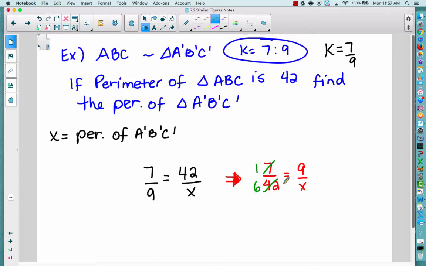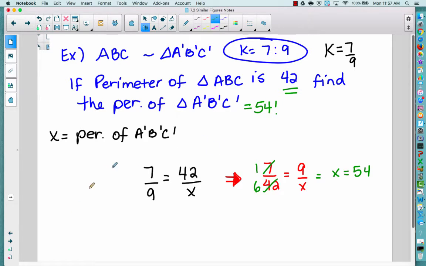And now you might be seeing why I did that, because it made an easier problem that I could do without a calculator. So I cross multiply and I'm going to get x equals 6 times 9, which is 54. So the perimeter of ABC is 42 and the perimeter of A prime, B prime, C prime is 54.